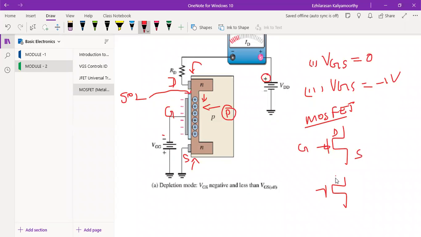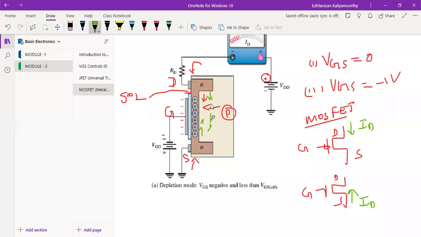Very important: the current flows drain to source for PMOS. For NMOS the current will flow source to drain. That is why I consider this the source. So the current will flow like this, and the electric field will be in this way.